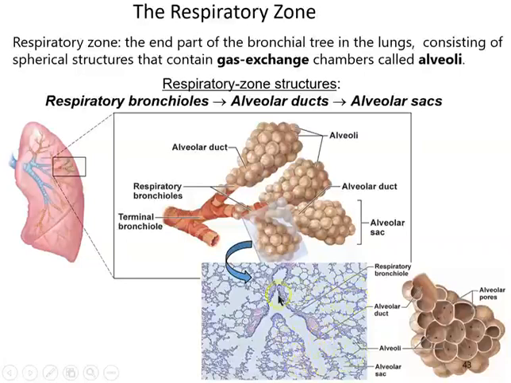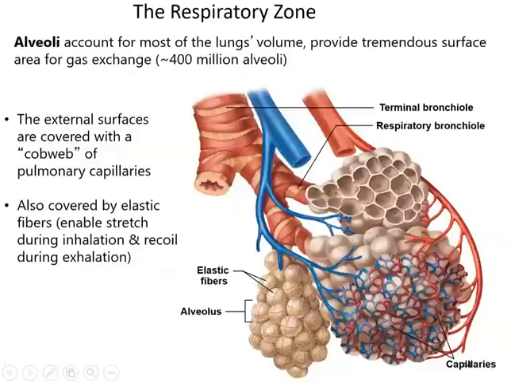So the air, I mean, this is not a three-dimensional structure we're seeing. This is a cross section of a three-dimensional structure, but air would come in this way and split off and then go into all these different alveoli. That's the plan.